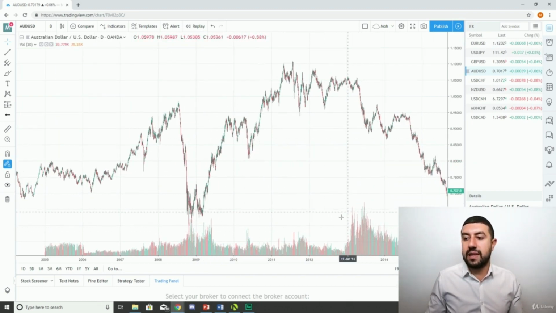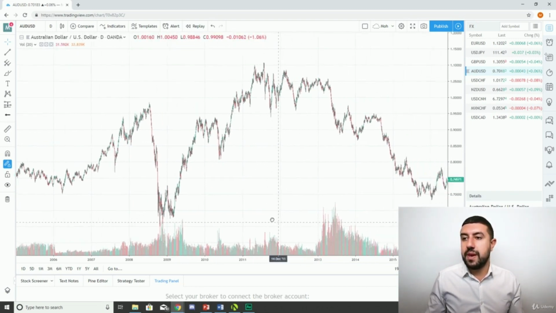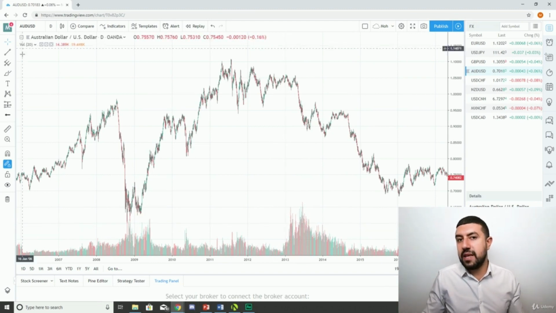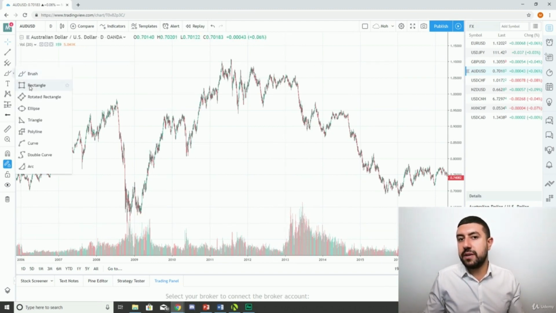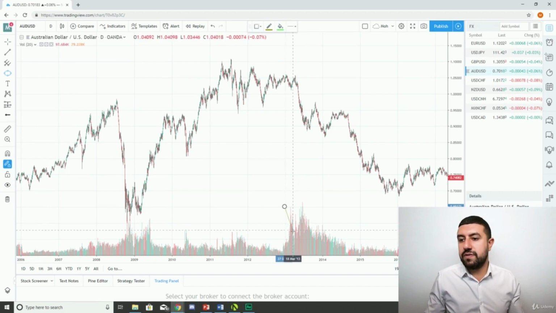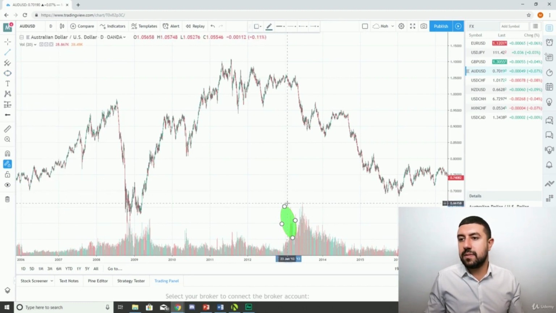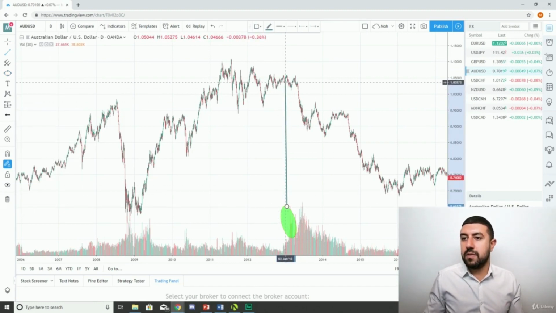And even here, you see that there's a bunch of volume. So volume was pretty okay. And then at one point, volume really spiked. You can see here there's a volume spike. Okay. And this is here, right?